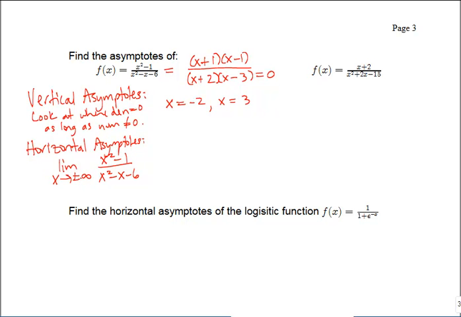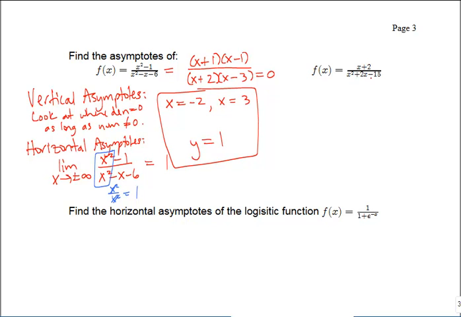They'll give you the same result. And our shortcut was to look at those dominant terms. So here, the degree of the top is the same as the degree of the bottom, so this is dominated by x squared over x squared, and those would cancel out to just a 1. So the ratio of those coefficients is just a 1, which means we do have a limit, which means we do have a horizontal asymptote, and it would have as its equation y equals 1. So these are my 3 asymptotes.